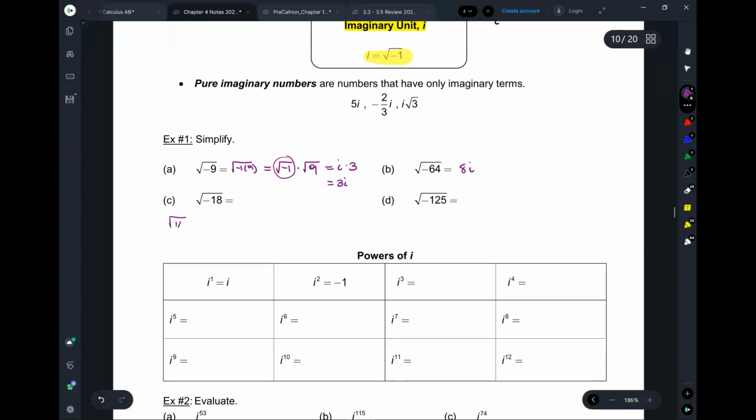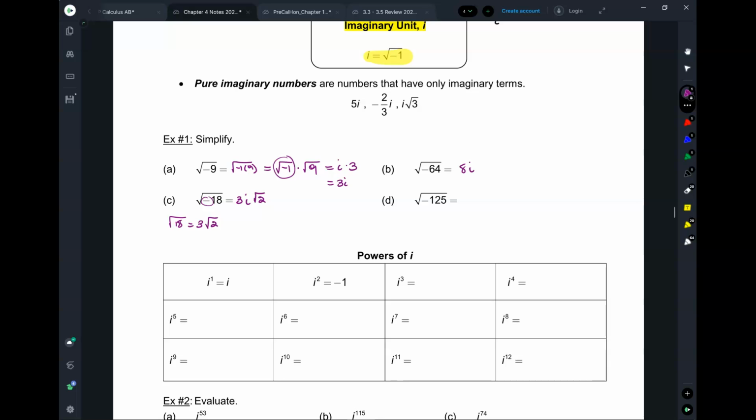If I have root 18 and I do the factor tree, that would be 3 root 2, right? But since there is a negative in here, it would be 3i root 2. So the i always comes after the real number. But if you have a number and a root, it's sandwiched in between the number and the root.